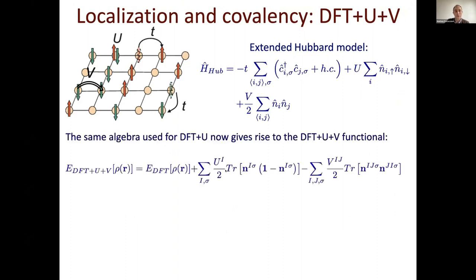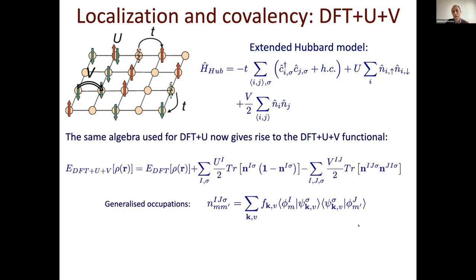And if we do the same algebra as before to get a corrective functional for our DFT calculation, you end up with this formulation of the Hubbard correction for your density functional theory functional, okay? Where you need also an extended formulation for the occupation number that now allows you to take atomic states from neighbor atoms.